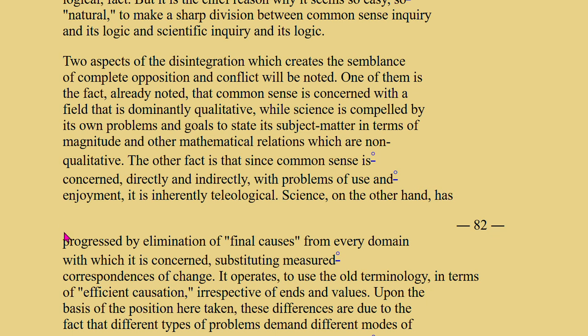Science, on the other hand, has progressed by elimination of final causes from every domain with which it is concerned, substituting measured correspondences of change. Final cause is an idea going back to Aristotle, and we'll be looking at Aristotelian logic more in the next chapter. Final causes are teleological things: the idea that the purpose of something causes it to be used in a particular way.